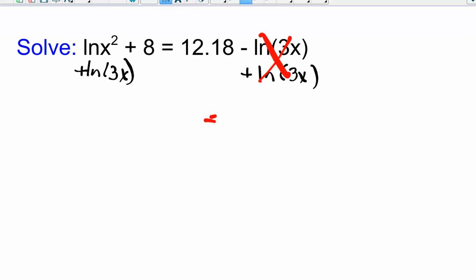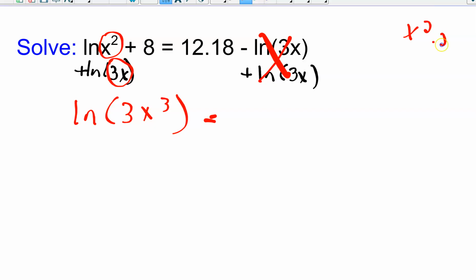And then I end up with, when I'm adding, I'm multiplying these, right? So I'm going to put these together by multiplying. So this is going to be the natural log of 3x cubed. X squared times 3x is 3x cubed. And then over here, I'm just left with the 12.18.